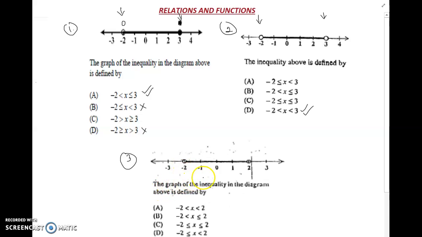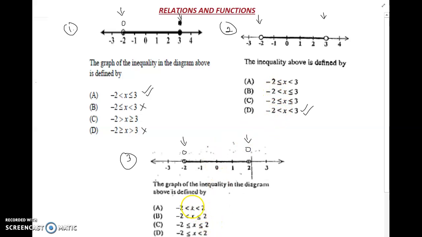The graph of the inequality in the diagram above is defined by, again, a similar question. The only difference here now is they went from -2 to 2. But what you need to notice is that the diagram isn't the best because I think this was one of the older papers, but it's 2 open circles. And this is just like the second question we did on top there.